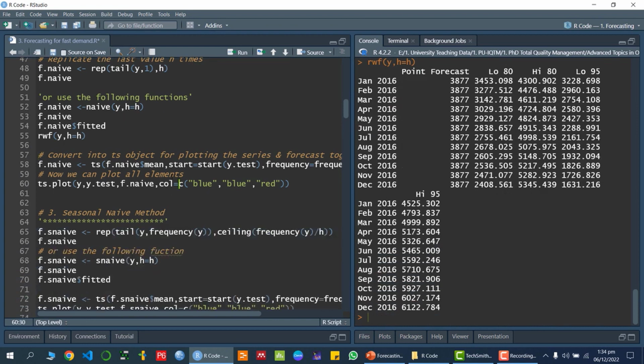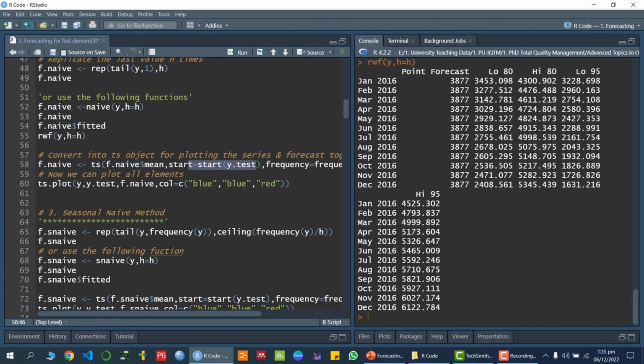Similarly, I'm doing the same thing which I have done with the mean method. I'm going to convert the forecasted values into a time series. These are the mean values with the help of the Naïve method, the future forecasted values.